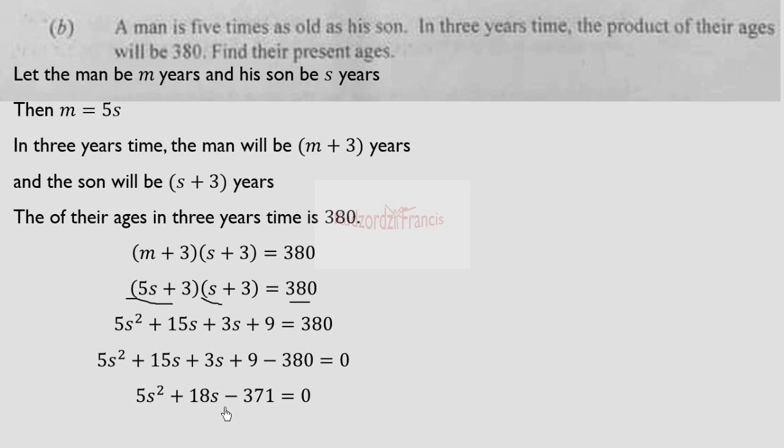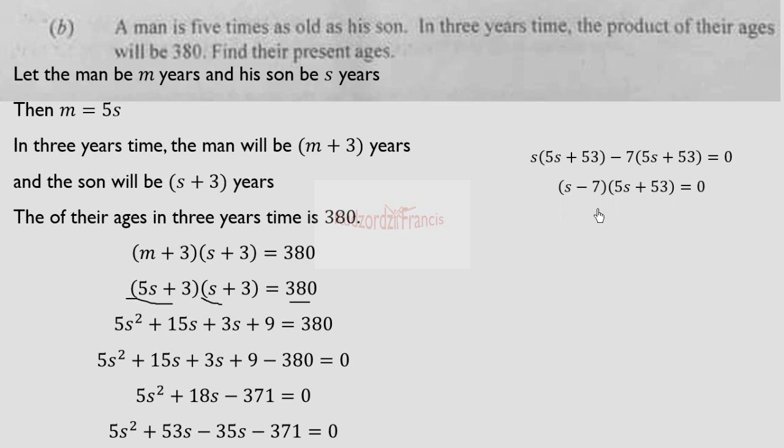Now the next thing we do is to split the middle term here, and that will be by multiplying 5 by this, splitting the middle term, we get this expression. So when we factor, we get S into 5S plus 53 minus 7 into 5S plus 53 is equal to 0.